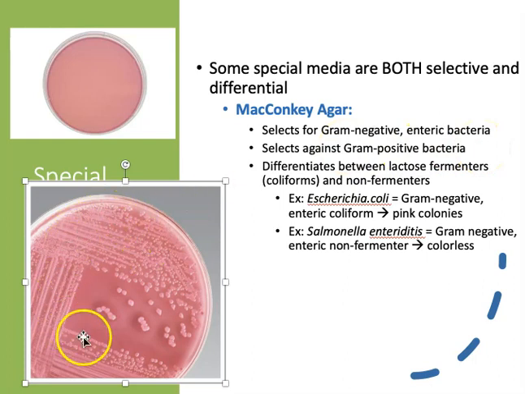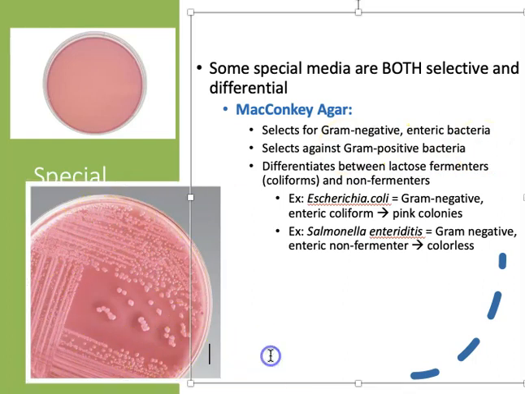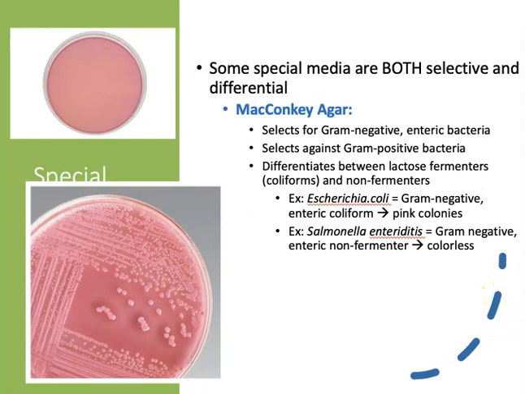So any organism that grows on MacConkey, we know, is a gram-negative type of bacterium. And if the organism grows with pink colonies, we also know that that gram-negative enteric bacterium can ferment lactose.